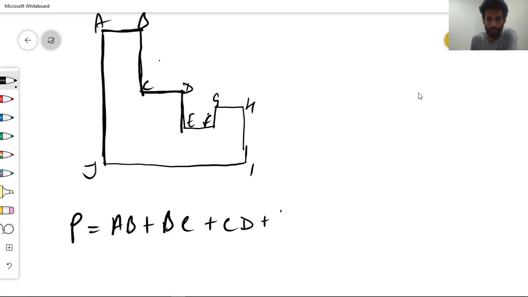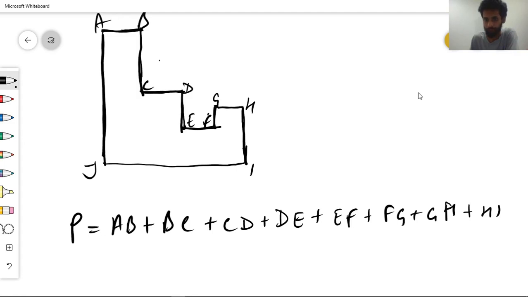From D to E. After that E to F, F to G, G to H, H to I, and I to J. This is the general way of finding the perimeter. So I guess you got the idea of how to find the perimeters.